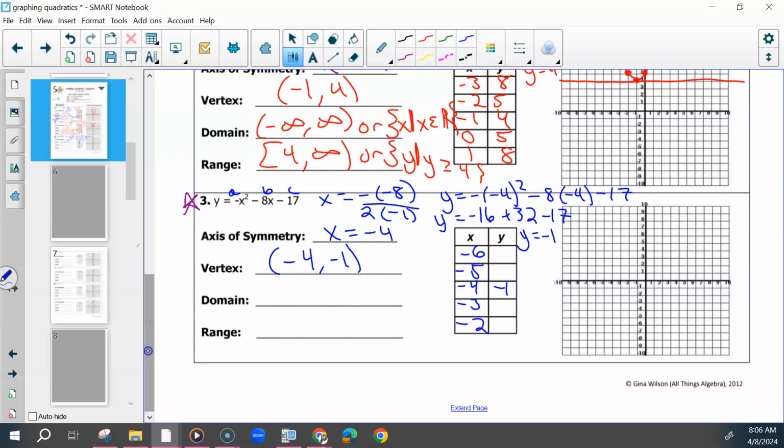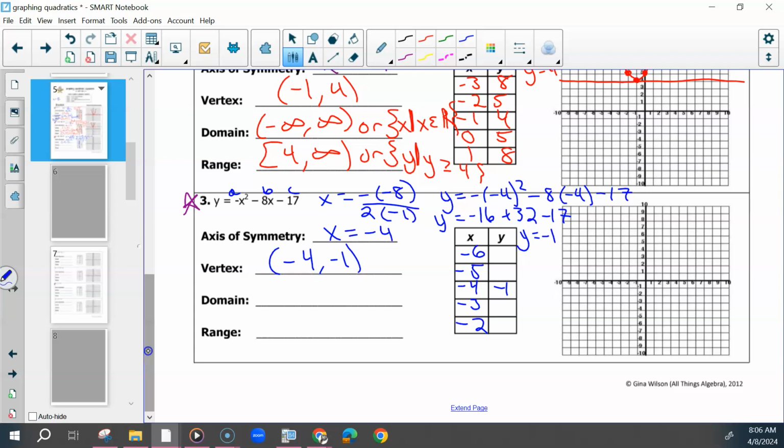You guys tell me what those are. Some of you are waiting for the answer instead of putting it into your calculator.